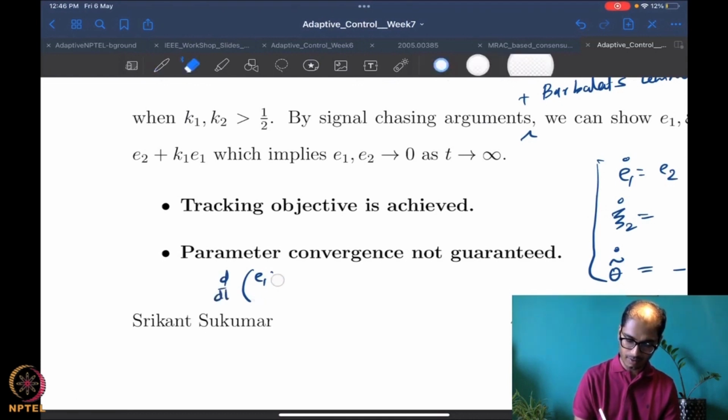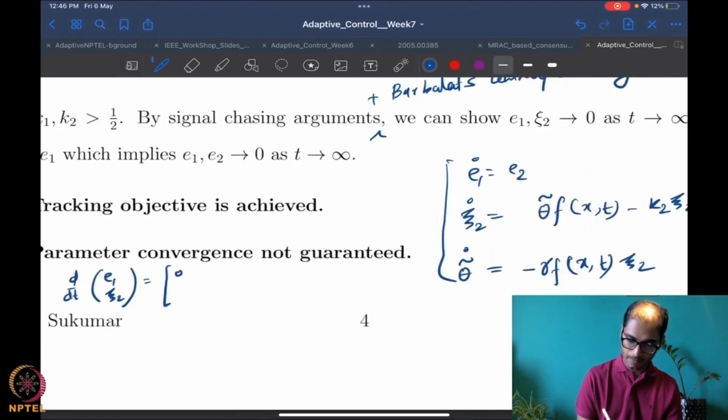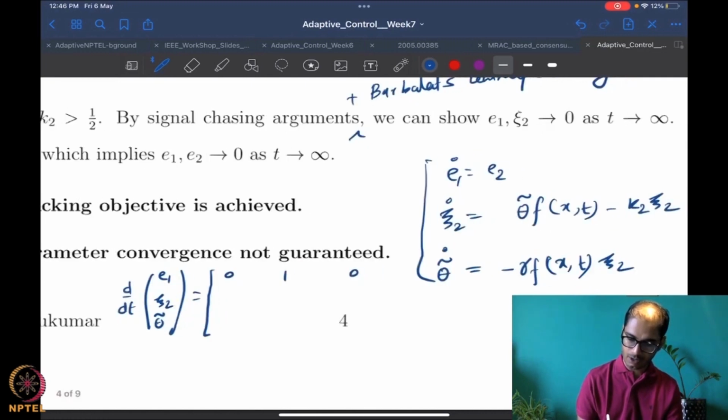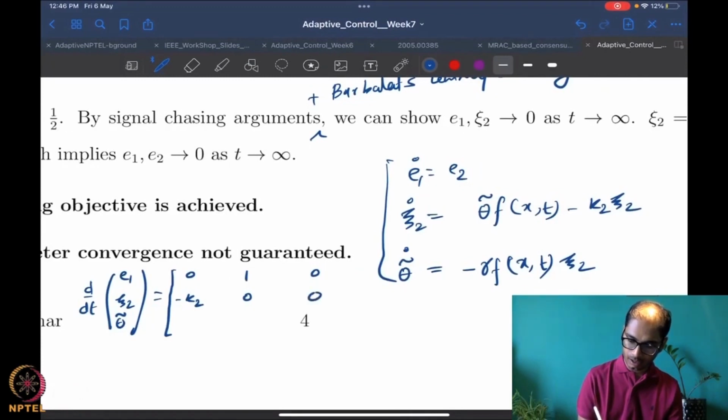My bad, I want to write the whole thing. d dt of E1, Psi2 and theta tilde, as you have this nice block diagonal structure, which is 0, 1, and then you have a 0, and then here you will have a minus k2, 0, and theta tilde.